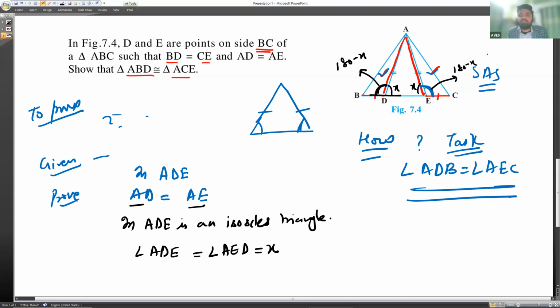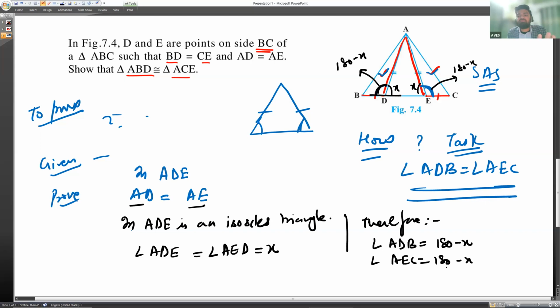But we know that, therefore, we will write here, angle ADB will be equal to 180 minus x, and angle AEC will also be equal to 180 minus x.